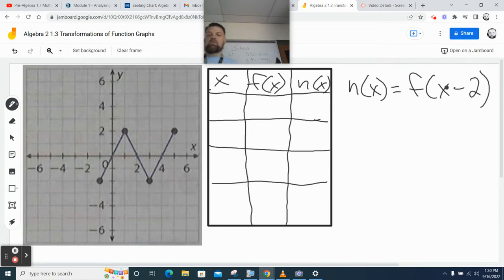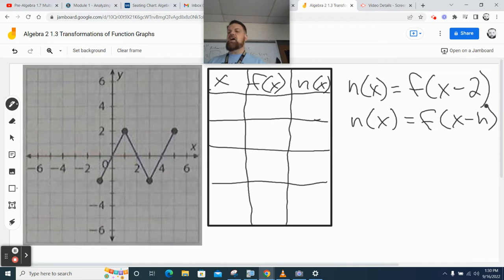And there's a general form for this. n of x is equal to f of x minus h is usually how it's written. That's an h. Okay. All right. Well, the values haven't changed.